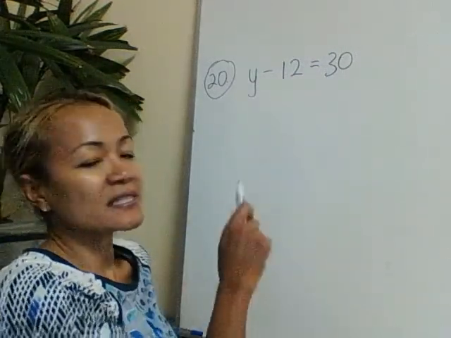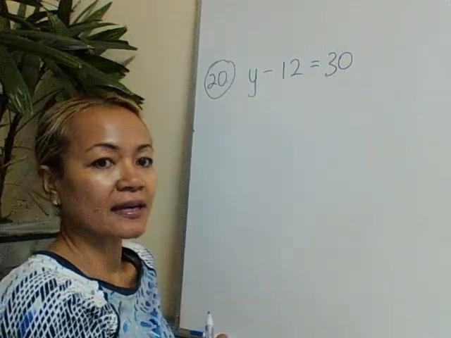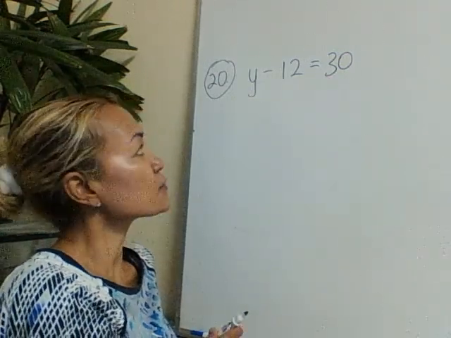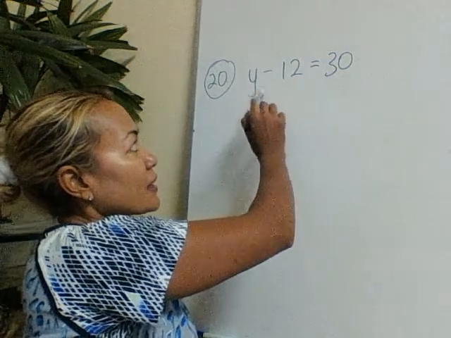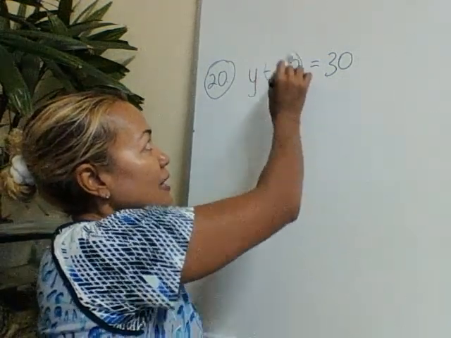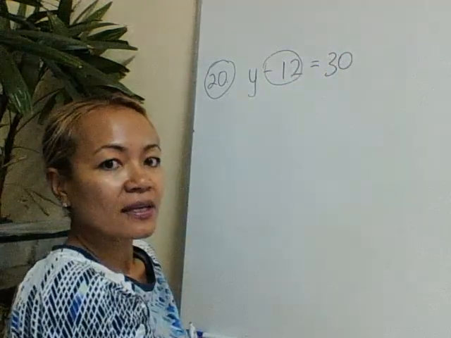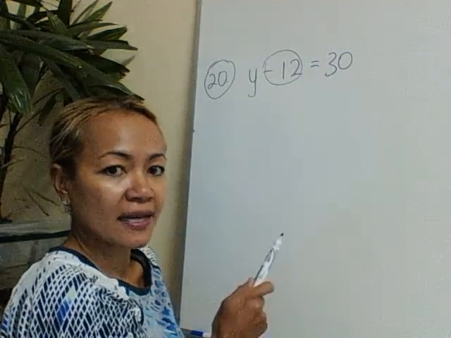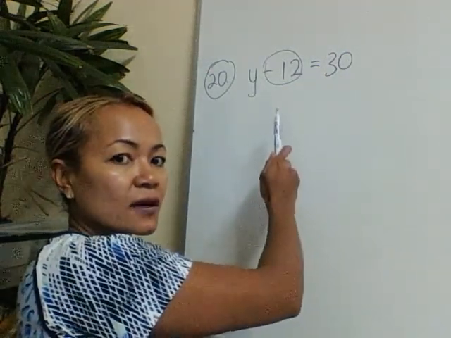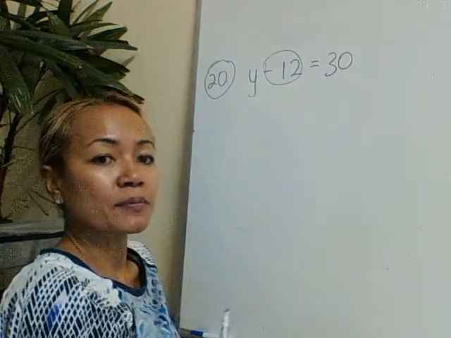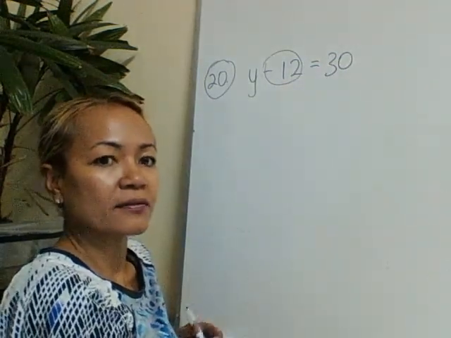So do the same thing on both sides, but the shortcut that I've shown in the videos is this: the 12 is right now a negative 12. We want to take it to the other side of the equal sign. It will change sign. On this side, it's minus 12. On the other side, it will become positive 12 or plus 12.